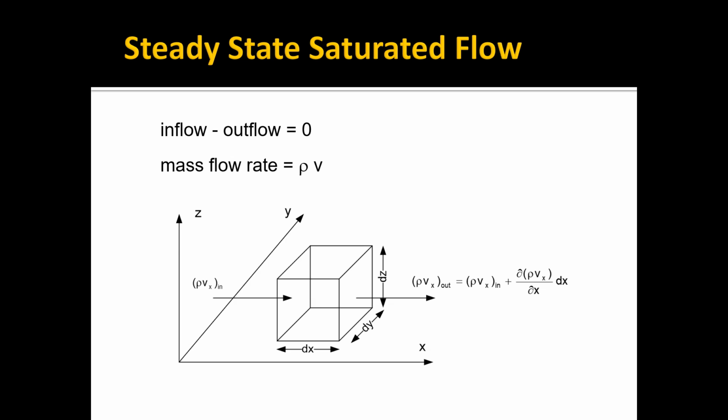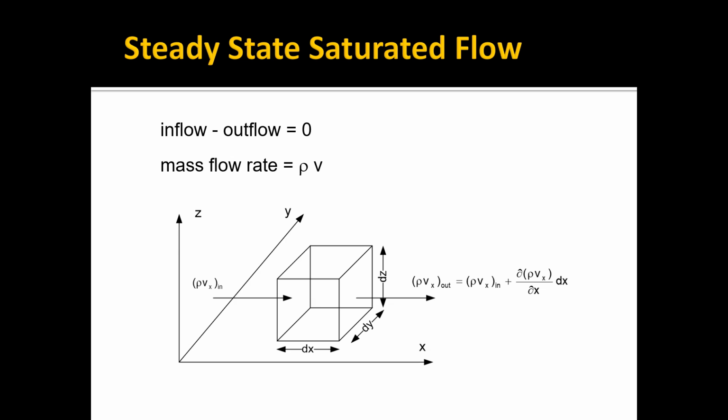And first we're going to look at the mass flow in the x direction. And so as you see on the left side of that cube, we have the mass flow in the x direction. And on the right side, we say the mass flow out is equal to the mass flow in plus the derivative in the x direction of the mass flux, the mass flow, times dx.